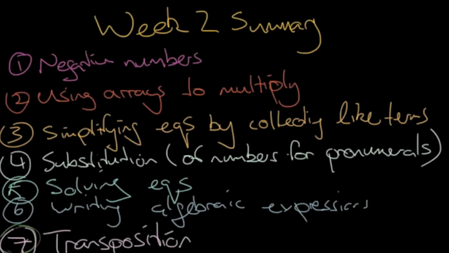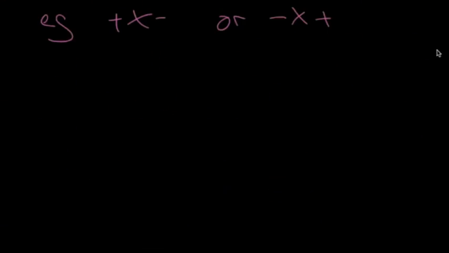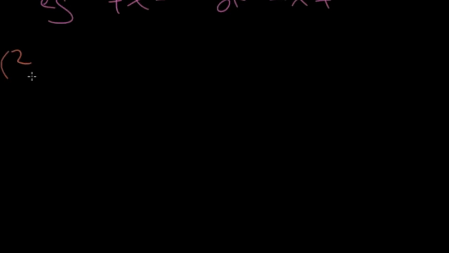What about our second point here? The second thing we did in the week was using arrays to multiply. Let's think about an example. Let's take 67 times 24. Well, we can think about this in another way.